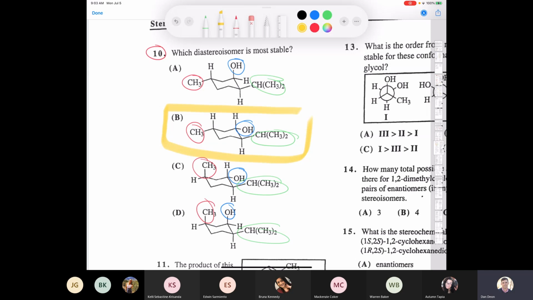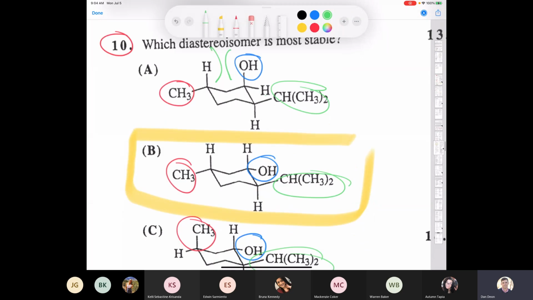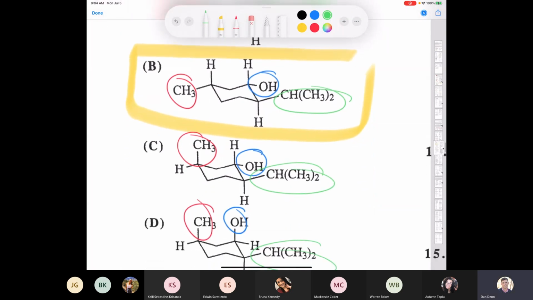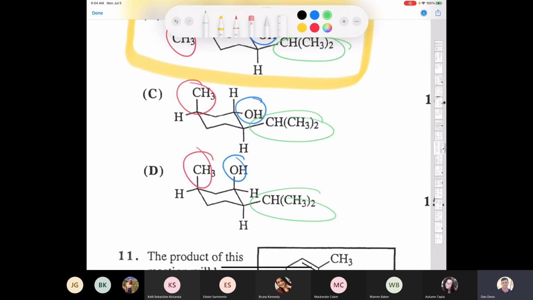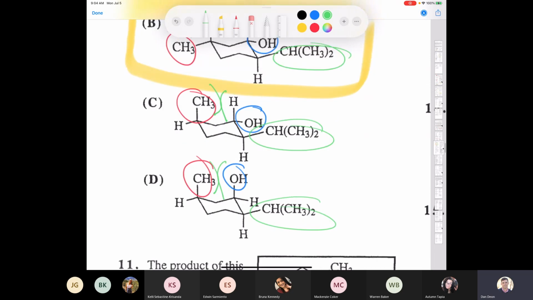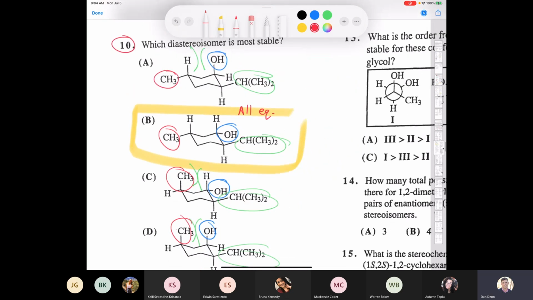You can see in A that we have 1,3-diaxial interactions. They're even trying to show them to you. You have them here. You don't have any in B because everything that's axial is a proton. You have them in C here. And then in D, you have them between the hydroxyl and the methyl. That's really bad. But in B, everything is equatorial. So all equatorial. And therefore, B is going to be the most stable of all the diastereomers.